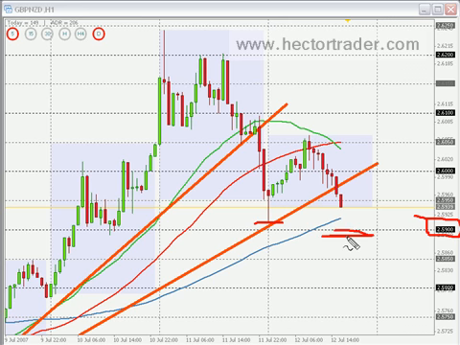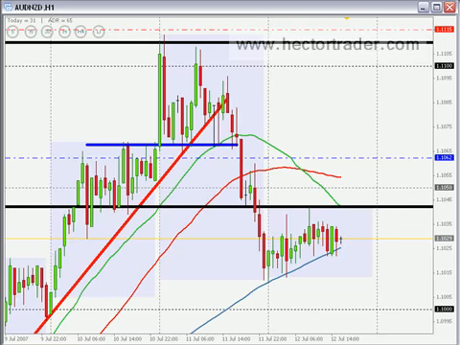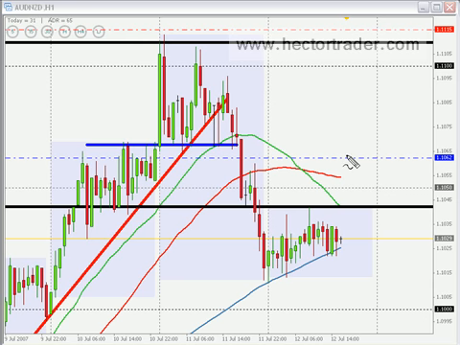I will reassess the situation at that time, depending on my other trade involving the New Zealand dollar. I don't know if you guys remember, I'm positioned in a short trade on the Australian dollar against the New Zealand dollar. So far, from the entry level to the current market price, it's about 27, 28 pips.